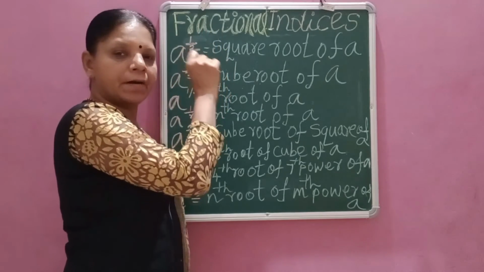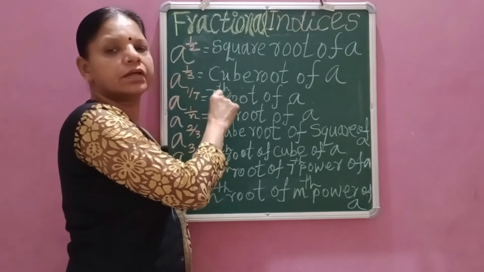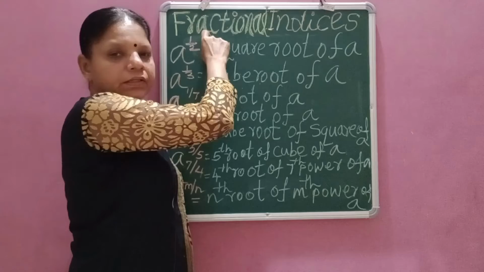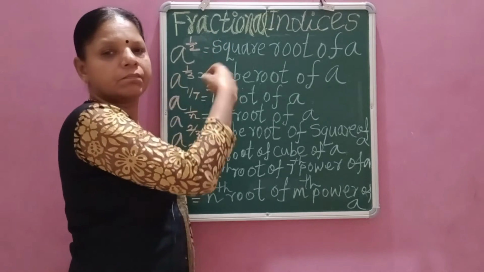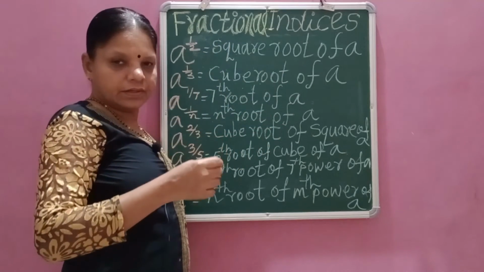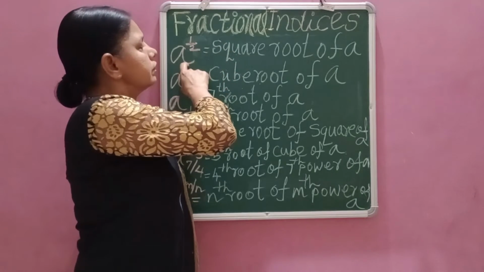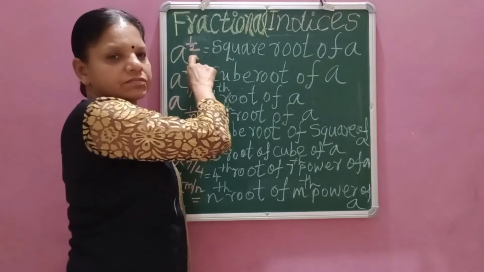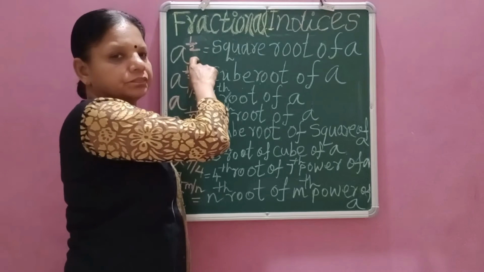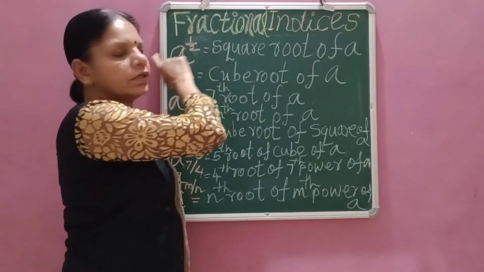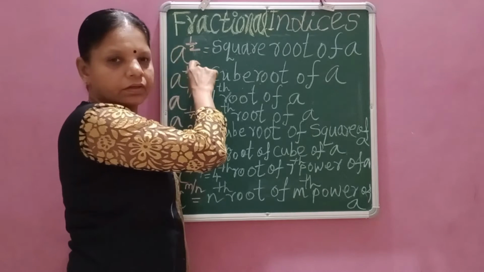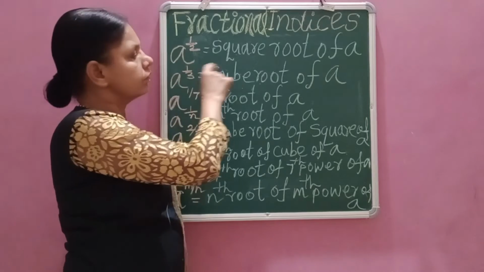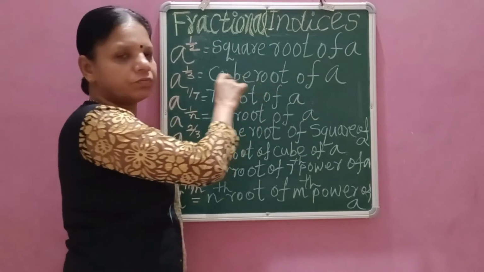So only the number in the denominator indicates repeated division and the number in the numerator indicates repeated multiplication. Clear? So here the denominator is a number other than 1 and the numerator is 1, so it is only the root of the base. So what is it? Square root of a.